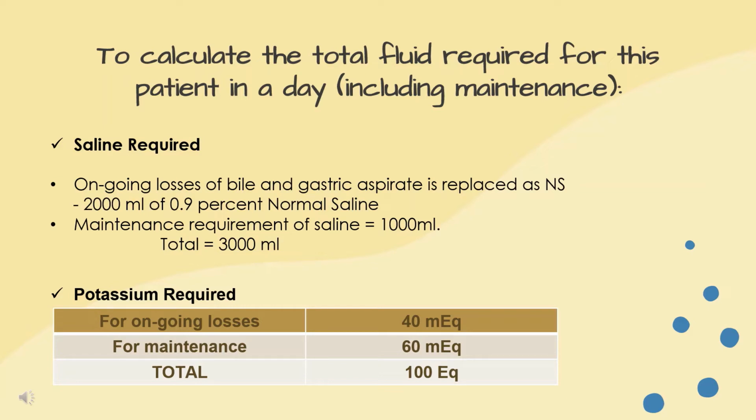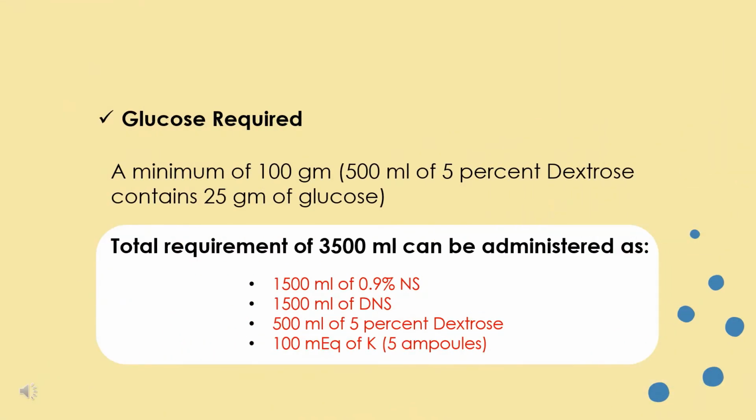Potassium required for ongoing losses is equal to 40 milliequivalents. For maintenance, 60 milliequivalents, for a total of 100 milliequivalents. There is a minimum of 100 grams of glucose required.